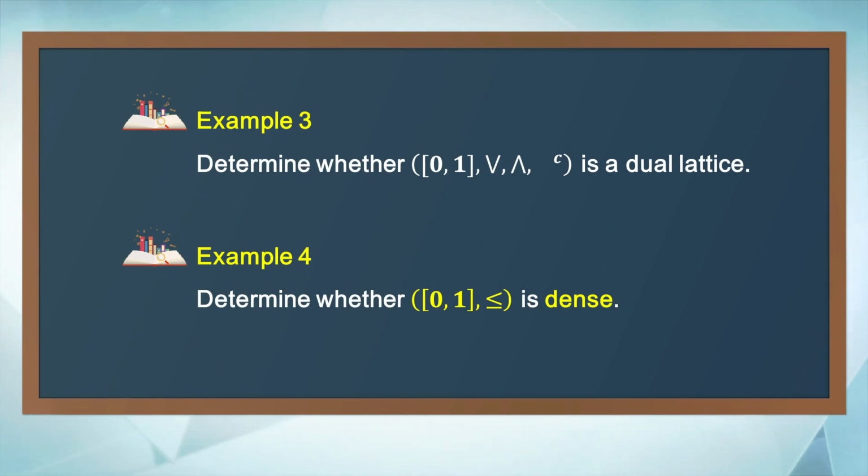The complement of A is 1 minus A. The algebraic structure, the closed interval from 0 to 1, together with the two binary operations and one unary operation, satisfies the following rules: the distributive laws, the infinite distributive laws, the De Morgan laws, and the generalized De Morgan laws. Also, it obeys the double negation laws, together with the De Morgan laws, which makes it a dual lattice, and it is complete.